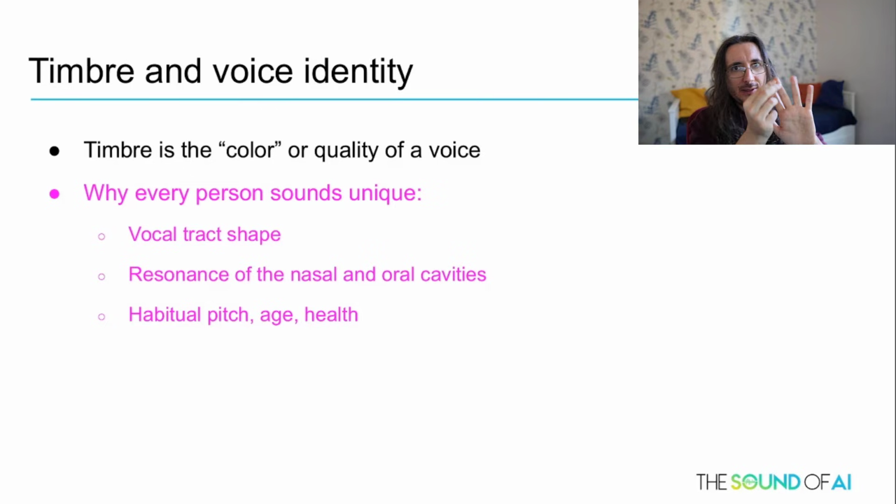Just like our fingerprints are all different, our phonatory system and the shape of it is slightly different for each human being. And with different vocal tracts, we have also different resonances of the nasal and oral cavities that are necessary to generate sound. And also, there are other aspects, like the habitual pitch we speak at.